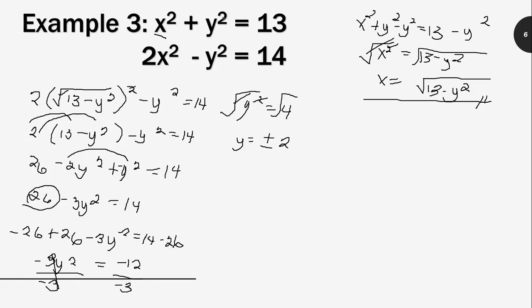So using that one, the value of our y, x is equal to the square root of 13 minus the value of our y, which is 2 squared. X is equal to the square root of 13 minus 2 squared. 2 squared, I mean, is 4.